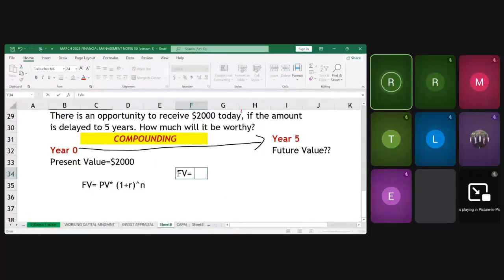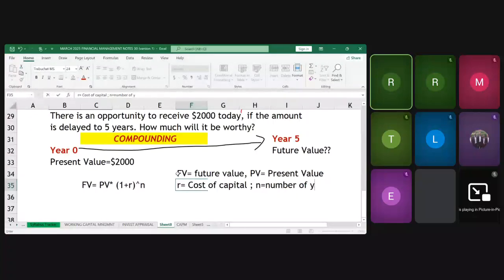FV is future value, PV is the present value, R is the cost of capital, and N is the number of years.